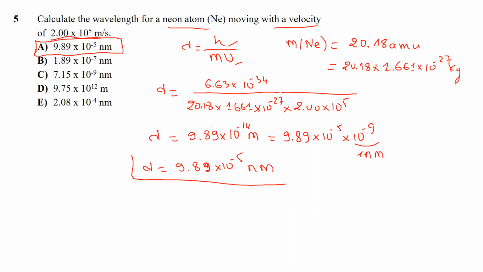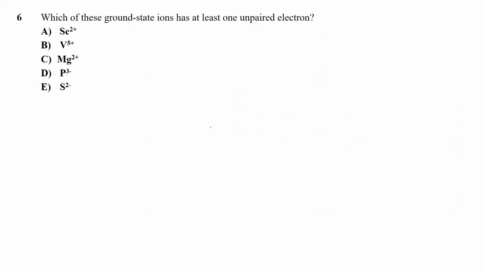Okay. Let's move to problem number 6. Which of these ground state ions has at least one unpaired electron? Okay, so how can we know if it has an unpaired electron? By having the electronic structure. So let's get first the Z for all of them. So we have scandium, Z equal 21.